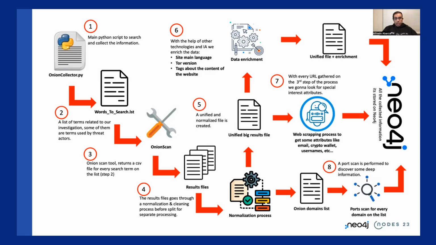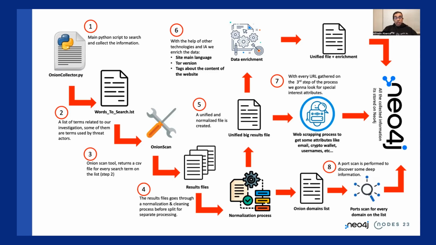What kind of information can I get? Email address, any crypto wallet associated with that page, any point of contact like phone number, maybe an account ID, or maybe a username that is commonly associated with a threat actor to make this kind of fraudulent transactions.